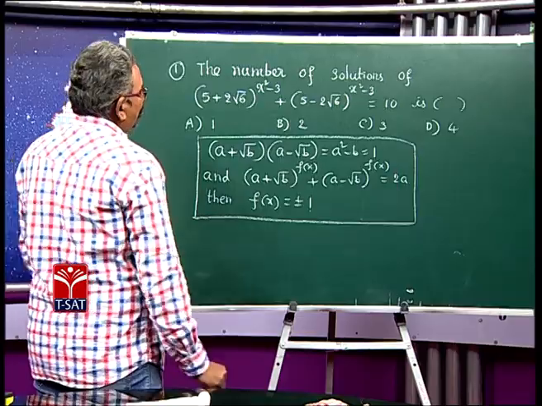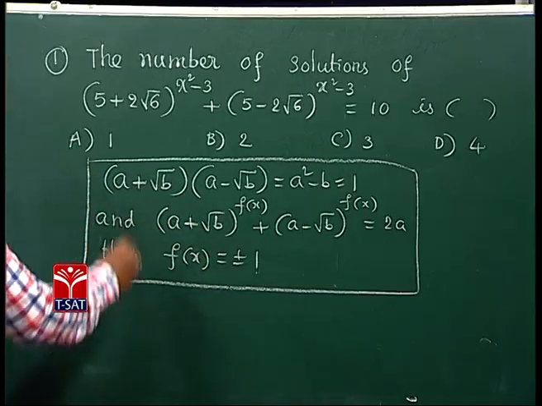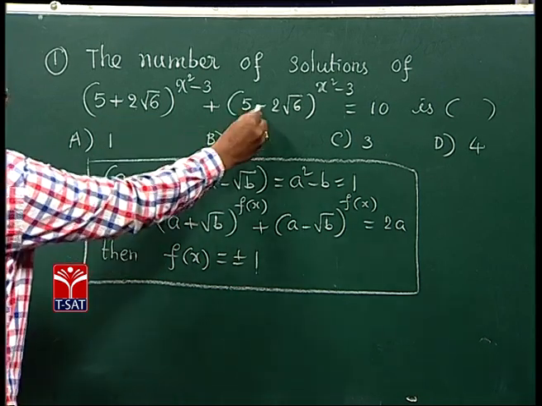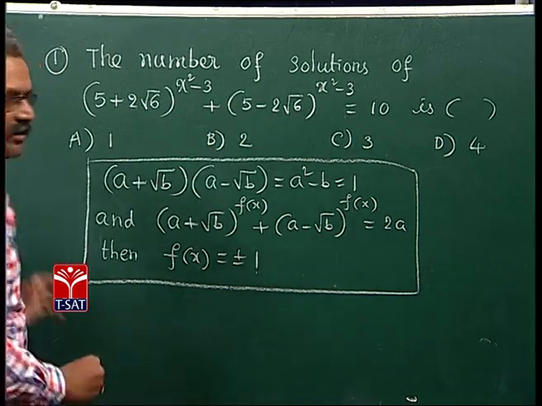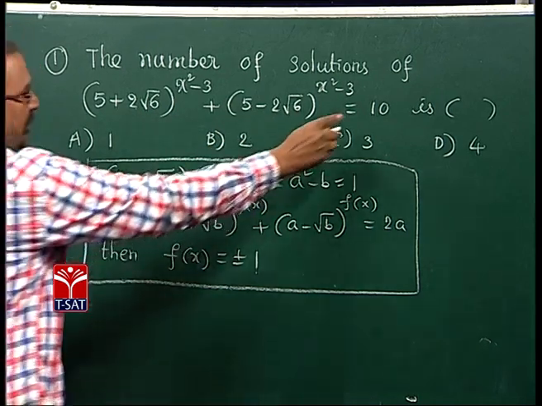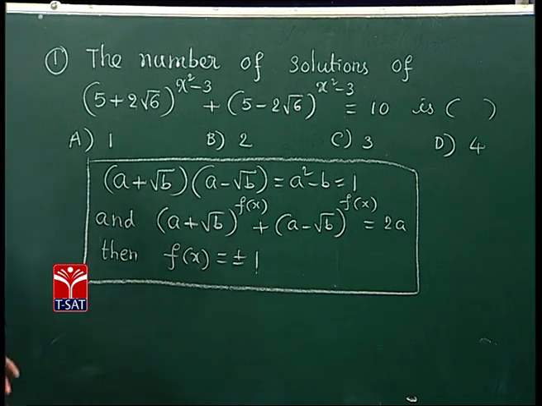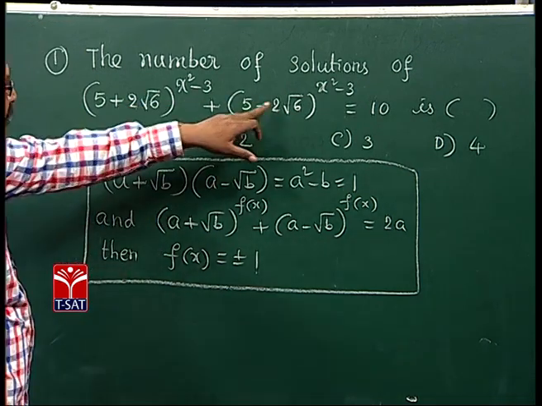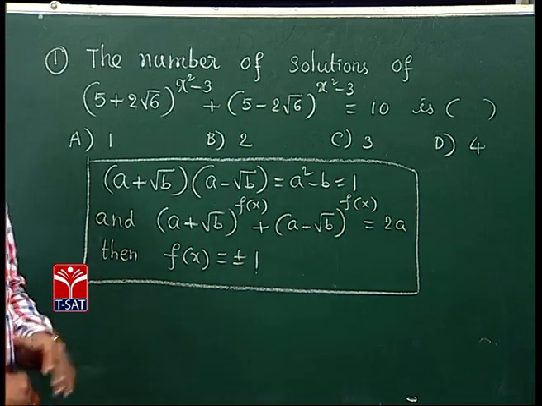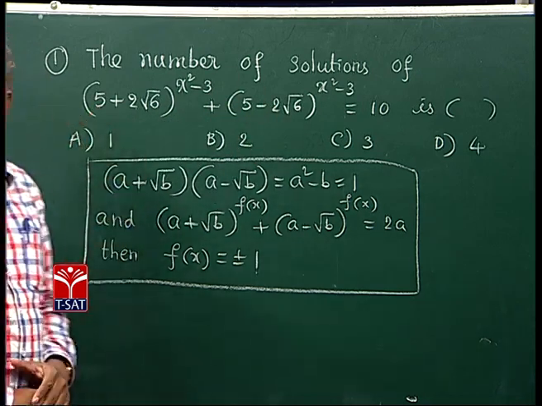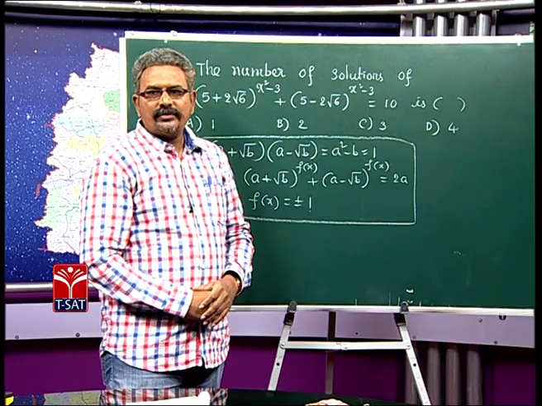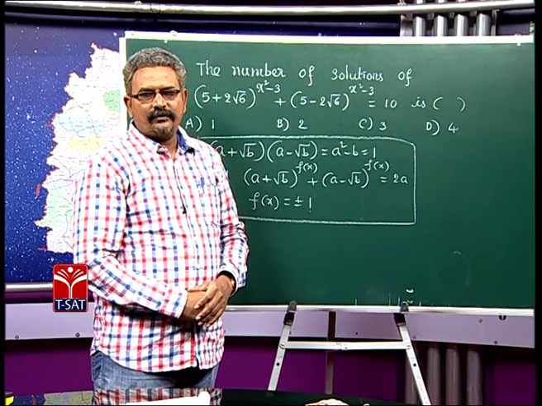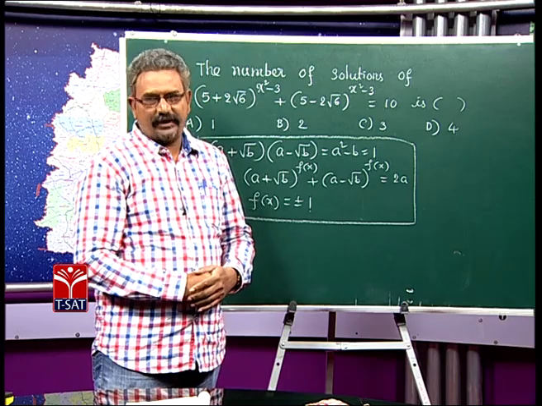Now, according to this, 5 plus 2 root 6 plus 5 minus 2 root 6, just check it, you get 10. And the product of these two, 5 plus 2 root 6 into 5 minus 2 root 6: 5 square is 25, 2 root 6 square is 24, 25 minus 24 is 1.